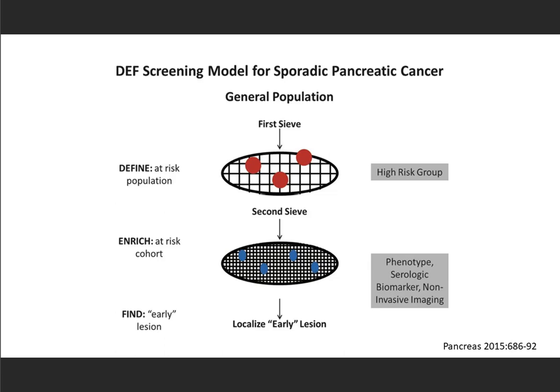And then the idea is to take that higher enriched population and use conventional imaging or develop novel imaging to find that early lesion to bend the curve and try to diagnose pancreatic cancer early. And I think that's been our general focus now in terms of developing an early detection and screening approach for pancreatic cancer.